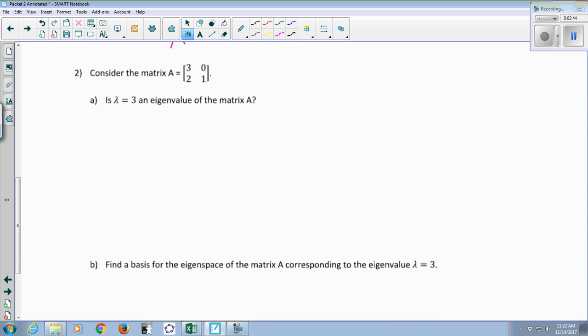Okay, slightly different question. Last time I gave you a vector and asked, was it an eigenvector? Now I'm giving you a scalar lambda and asking, is it an eigenvalue? So I need to know, does Ax equal lambda x? If there's an x that makes this true, then lambda is an eigenvalue. So I'm trying to solve, does Ax equal 3x in this case? Lambda is 3.